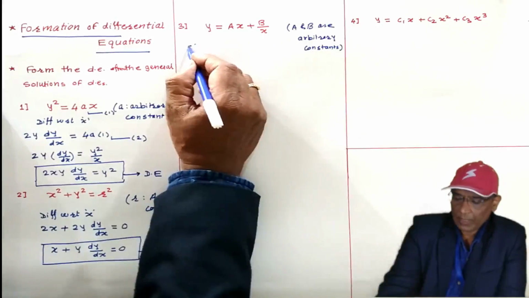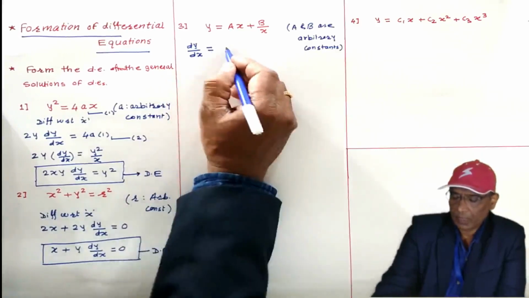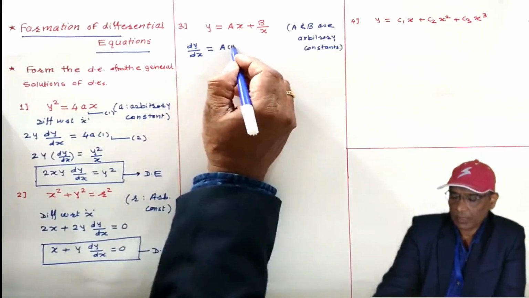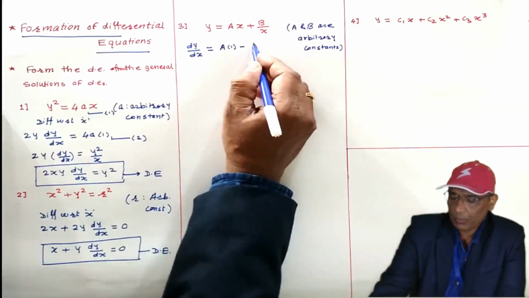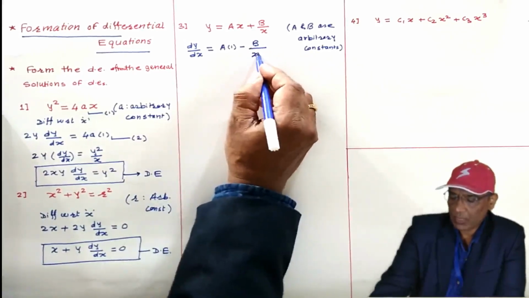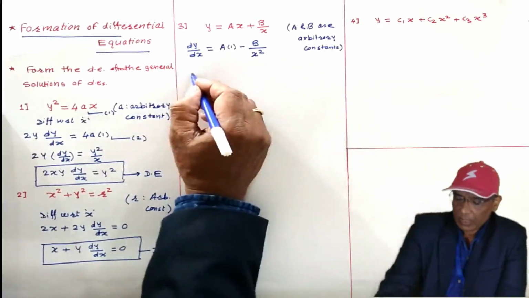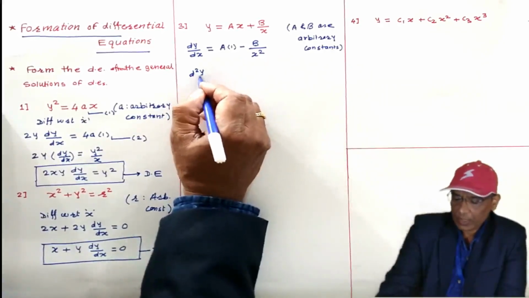See, I am taking the derivative of this with respect to x. Derivative of x is 1. Derivative of b is 0, being a constant, and the derivative of 1 by x with respect to x is minus 1 by x square. Again take the derivative with respect to x.